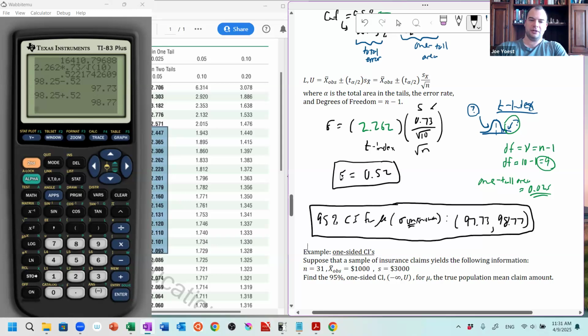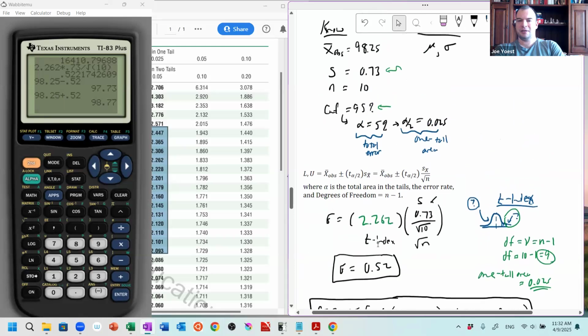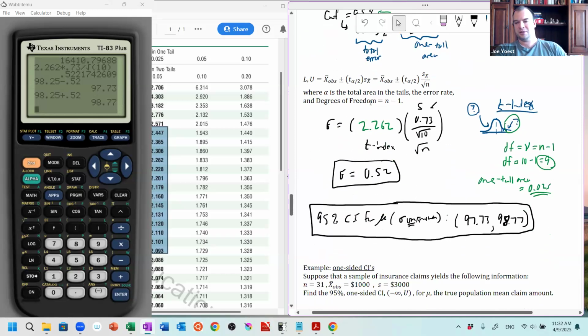So we have an inference now. We're saying we're 95% confident that the interval, 97.73 to 98.77, covers the true mean mu. And this takes into account the extra uncertainty from estimating sigma by s. Do we think it's reasonable or feasible that the true mean could be 98.6?